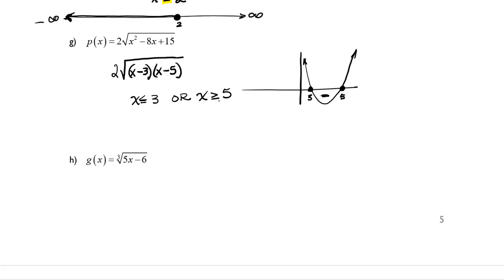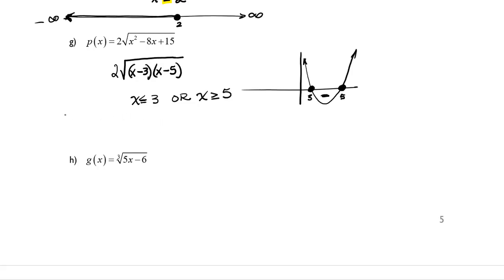And I was able to identify that simply by sketching the graph of the polynomial or parabola. It would be a very good idea to remind yourself how to find the roots of a polynomial, because that will really help you with where the region is positive and negative.